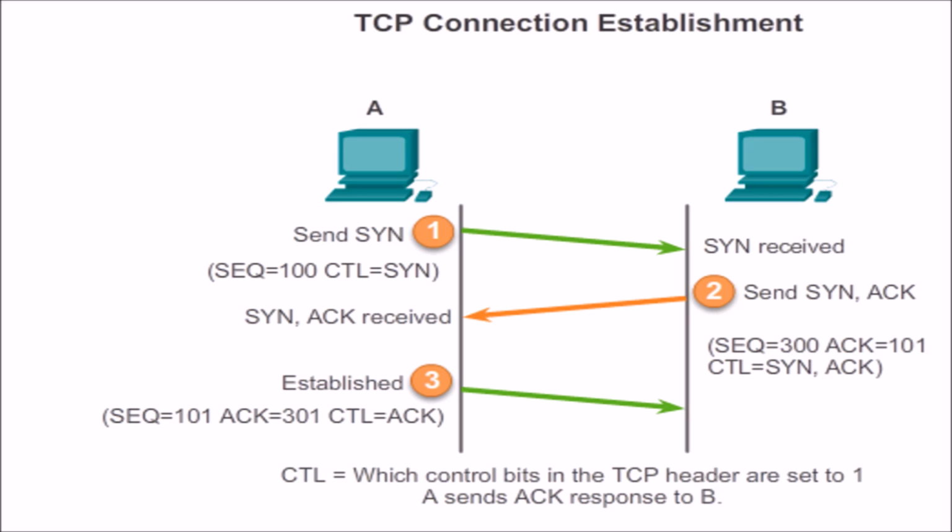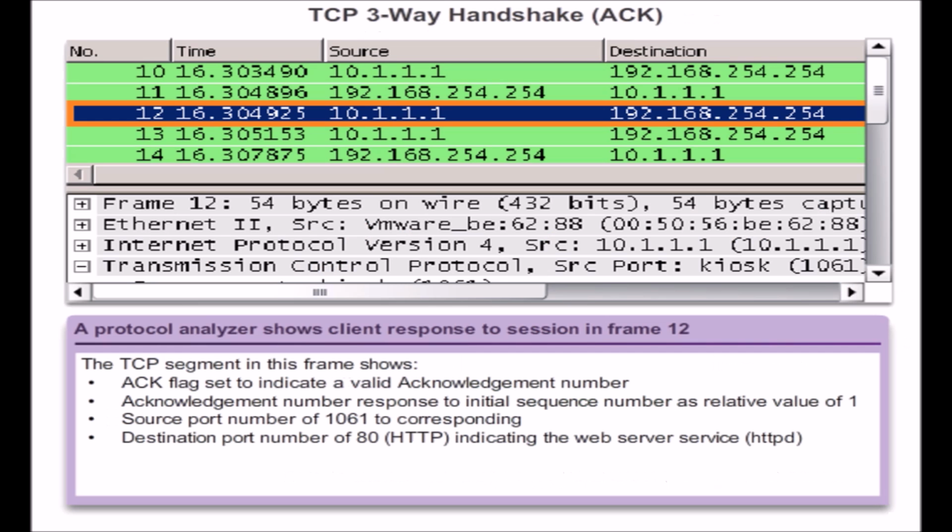The three steps in TCP connection establishment are: Step 1. The initializing client requests a client-to-server communication session with the server. In this, a TCP client begins the three-way handshake by sending a segment with the synchronize sequence number SYN, indicating an initial value in the sequence number field in the header.